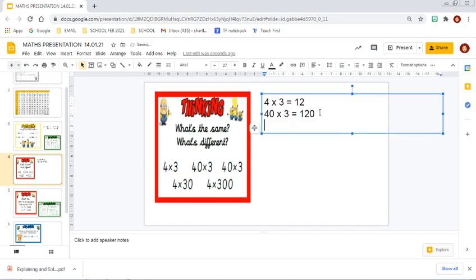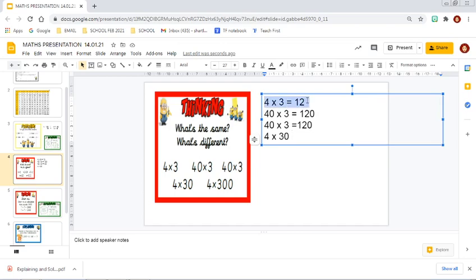I can also see that I have another 40 multiplied by 3 which equals 120. I have a 4 multiplied by 30 and here I have 4 multiplied by 3 which I know equals 12.